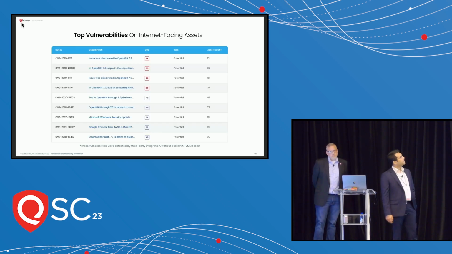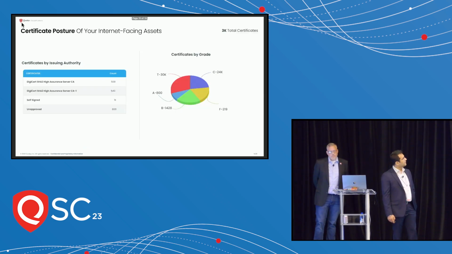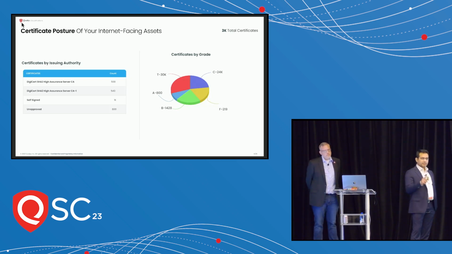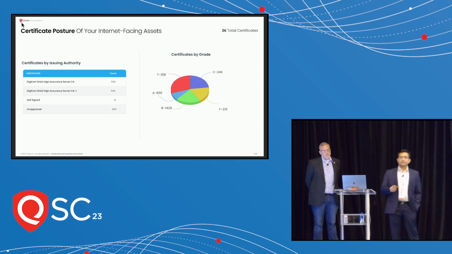And then top vulnerabilities on the internet-facing assets: what we see as CVEs with the QVS score on the assets, right? Last but not least, the certificate posture of your internet-facing assets. It gives enough information on all the certificates that we discovered and scanned.